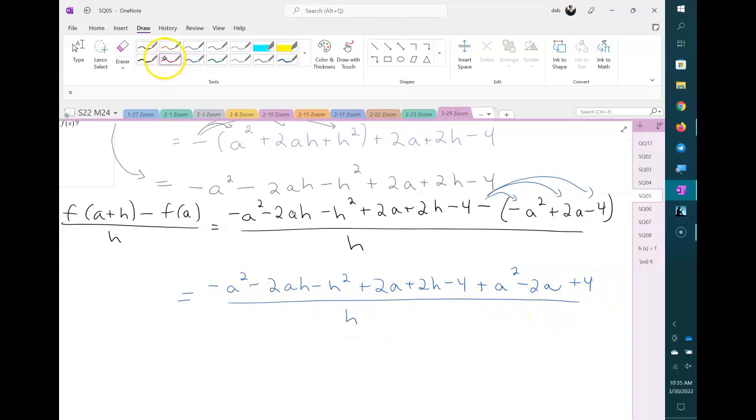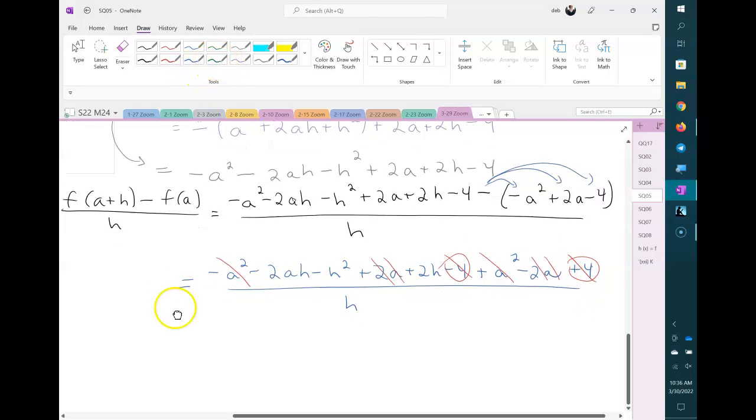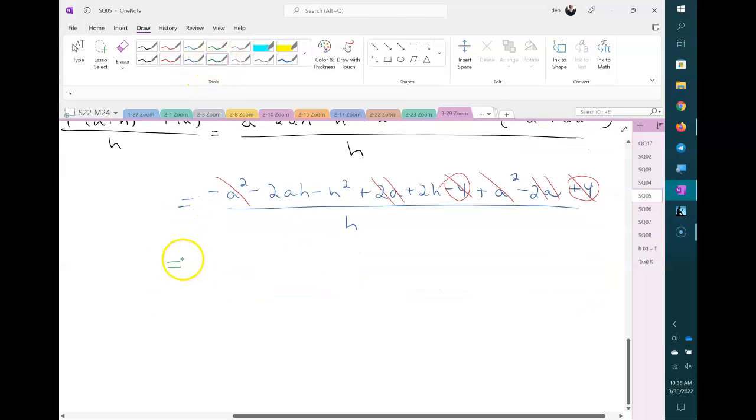I'm going to distribute this negative and get plus a squared minus 2a plus 4, all over h. Now here's where lots of canceling should happen. I have minus a squared and plus a squared, plus 2a minus 2a, minus 4 and plus 4. Lots of canceling. So now I have negative 2ah minus h squared plus 2h over h.